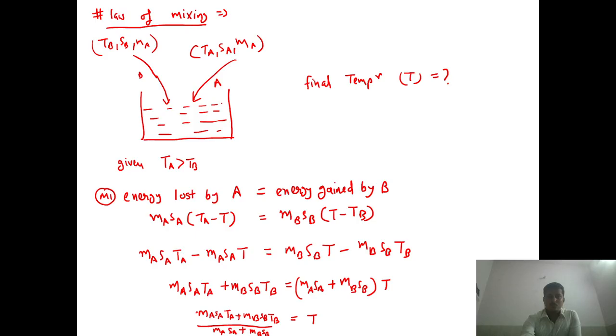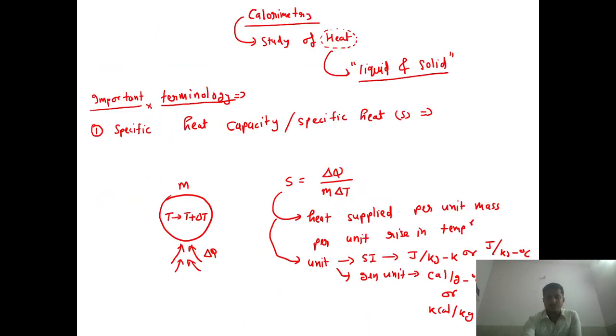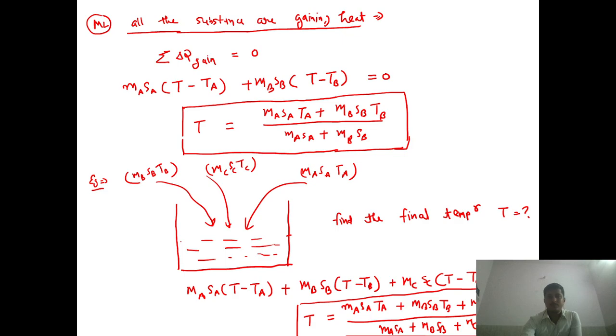Now we are going to discuss the next terminology, heat capacity. It is represented by C. What is the definition?